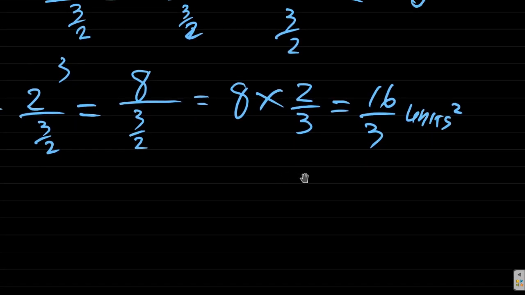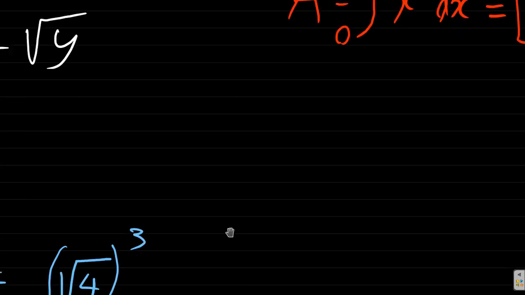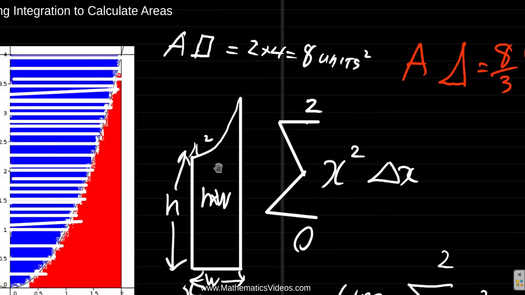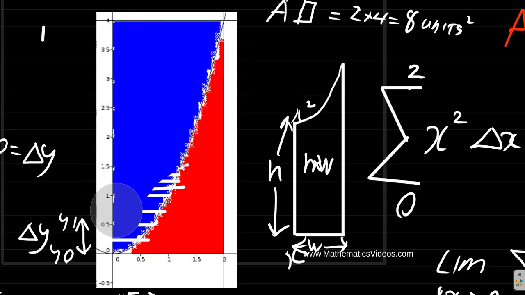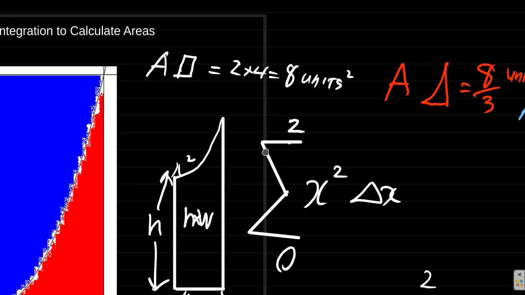So it is correct. So just review. We have the curve y equals x squared. We shade this side in red and this other side in blue. And we say that we want to calculate the area of the side that is in red.